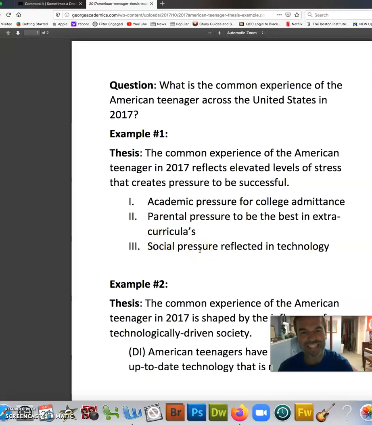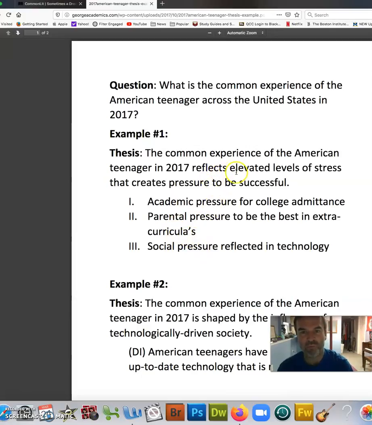So if you notice, I didn't take those 3 labels and stick them all in the main idea, because I don't want to say reflects academic, parental, and social pressure. That's just listing 3 different groups, 3 different labels. I need to be able to take these 3 and come up with different words.